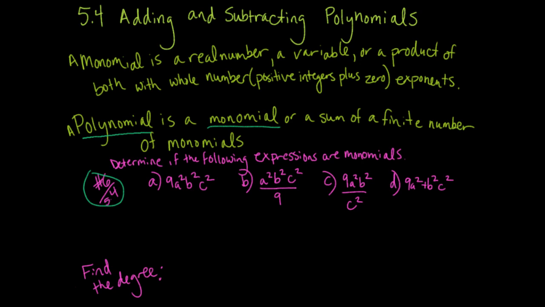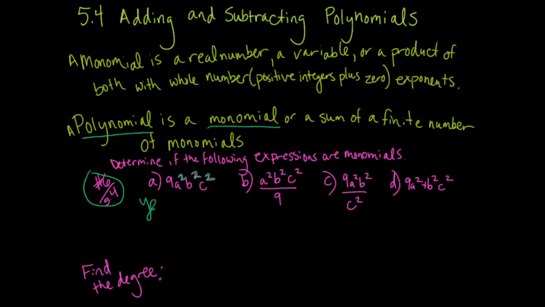This first one is a monomial. Note that a to the second is a positive integer exponent. This one is 9a squared b squared c squared. It's a product of a real number, which is 9, and variables. Since all of their exponents are integers, it's a monomial.